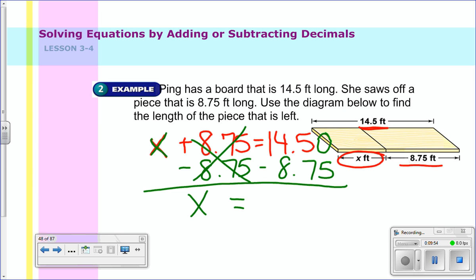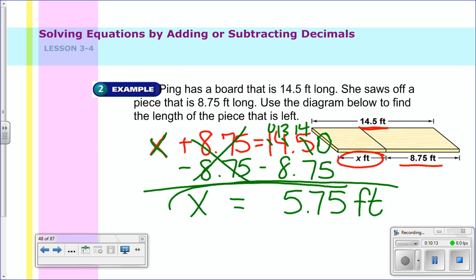Well, to subtract it, I need to add a 0, so they're the same place value. Then, well, 14's on top, so I can subtract them. So I have to borrow, and I get, as I go through this, 5 75/100 feet. That is the missing length. And again, it's a word problem, so you do need a label on this one.